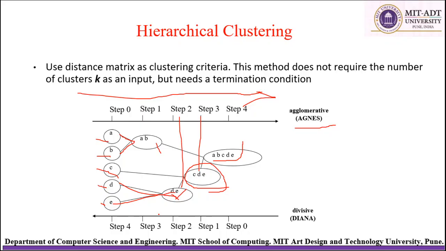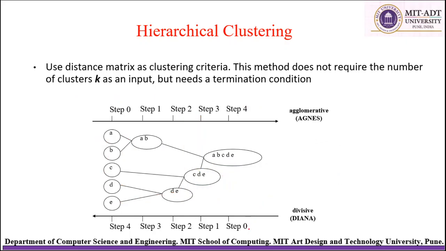In this figure you can see it is the opposite of agglomerative. So how will it work? It will start at step 0 with all data objects as a single cluster. In the second iteration, step 1, we have divided this into two clusters.